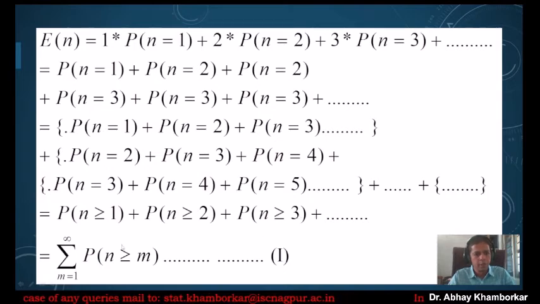In other words, if I consider the first bracket, then it is probability that n greater than equal to 1 plus, if you observe the second bracket, all the terms where n is greater than equal to 2. In other words, that means probability that n is greater than equal to 2, and so in the third bracket we will have probability that n is greater than equal to 3 and so on. In other words, this is nothing but the summation of probability that n greater than equal to m, where m varies from 1 to infinity. So let us mark this equation as equation 1.